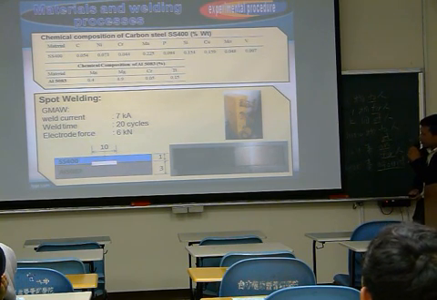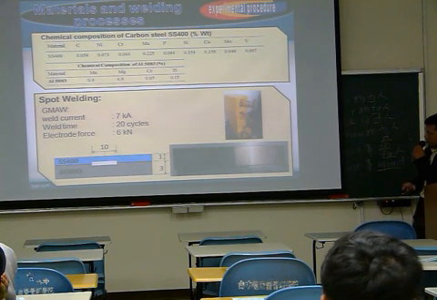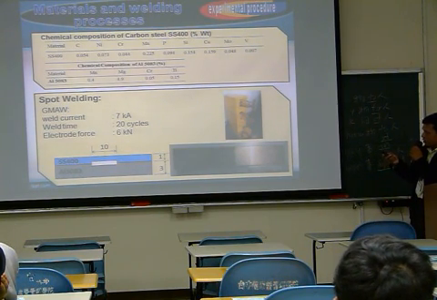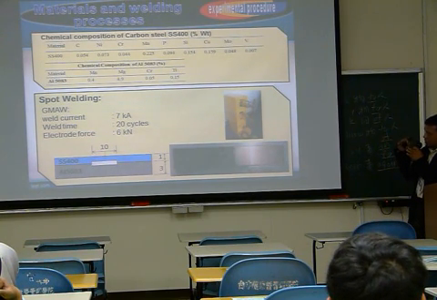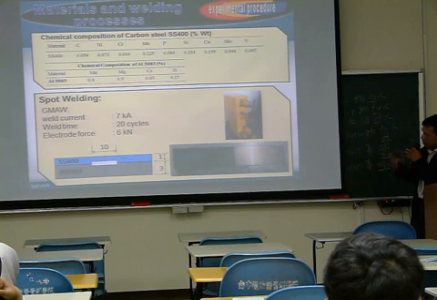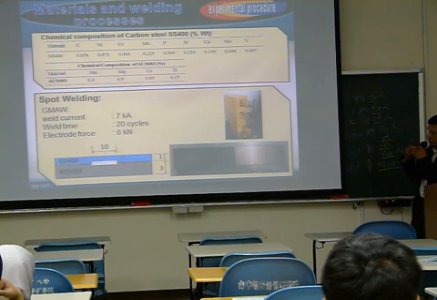And the joint, we can see the joint: steel is the upper side and aluminum is the lower side, and we use a filler inserted between aluminum and steel.